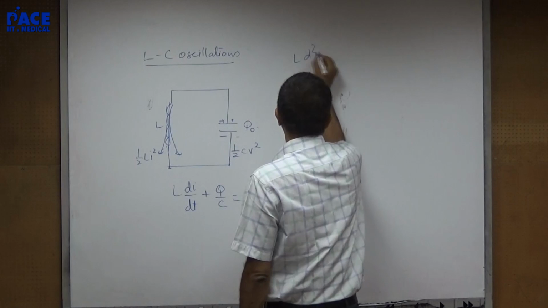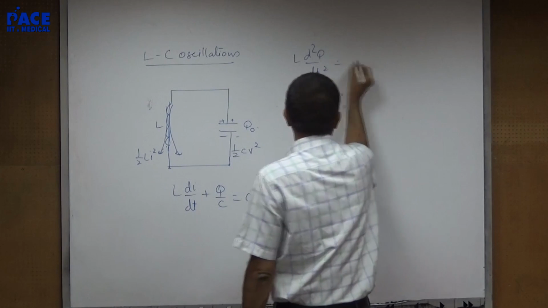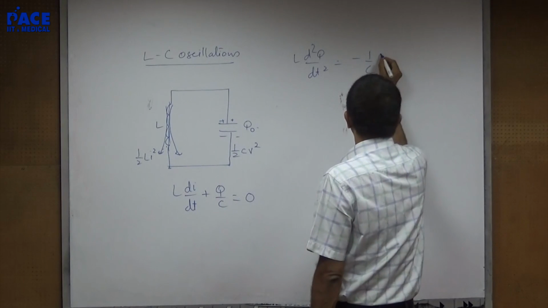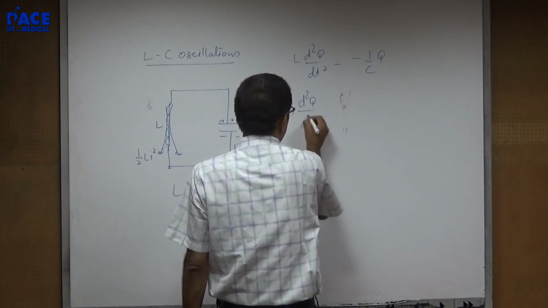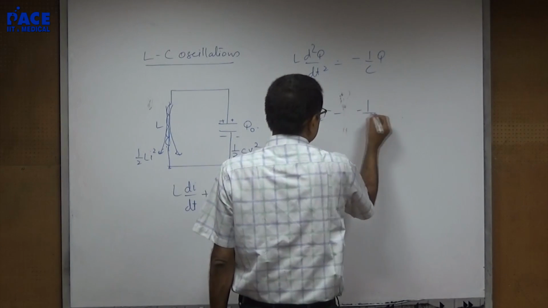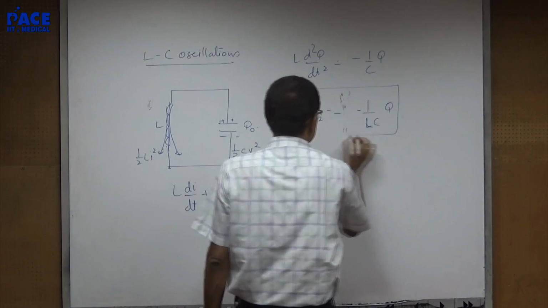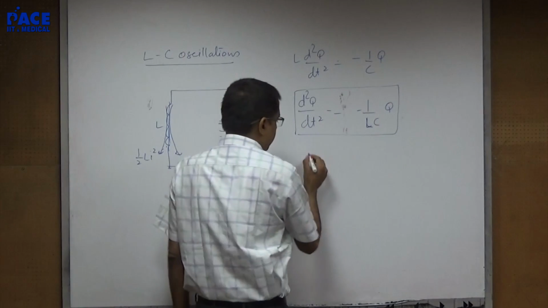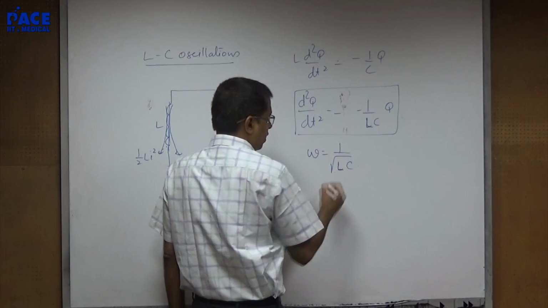But you write L d2q by dt square is equal to minus 1 by C into q. d2q by dt square is minus 1 by LC into q. Right? Omega is 1 by root LC.